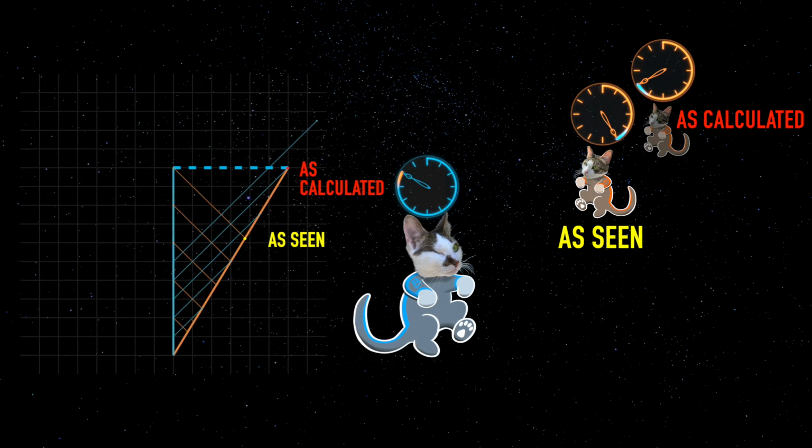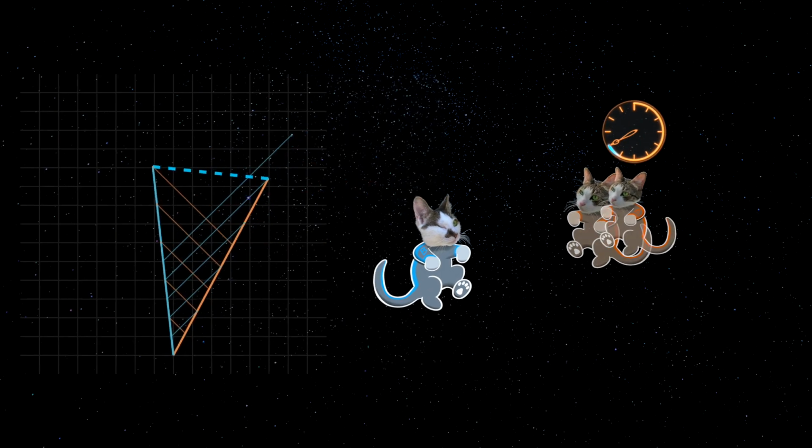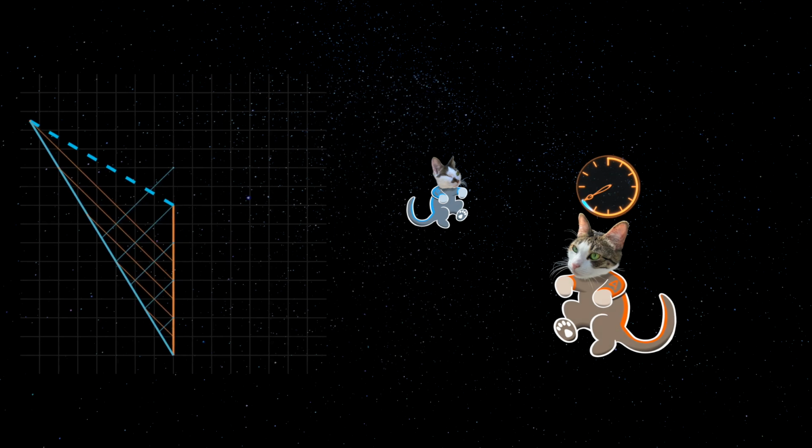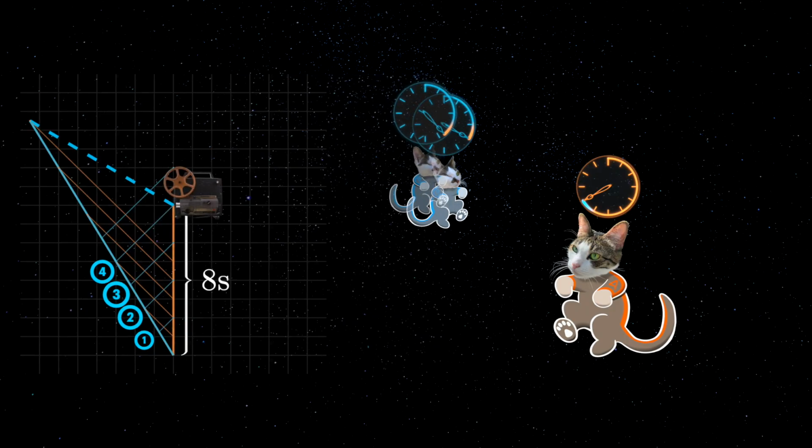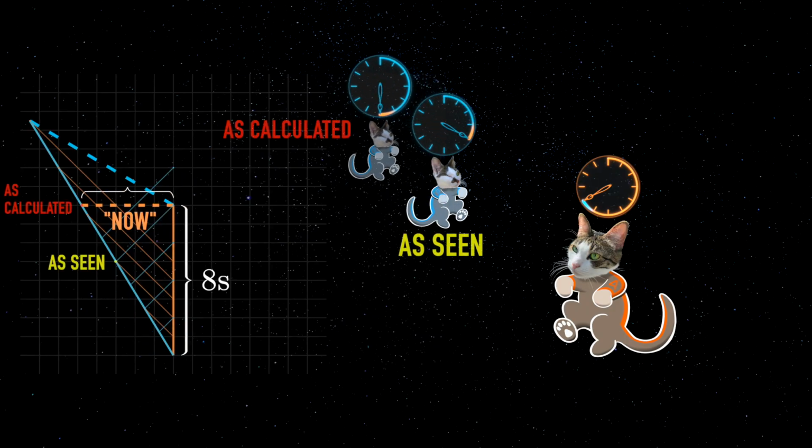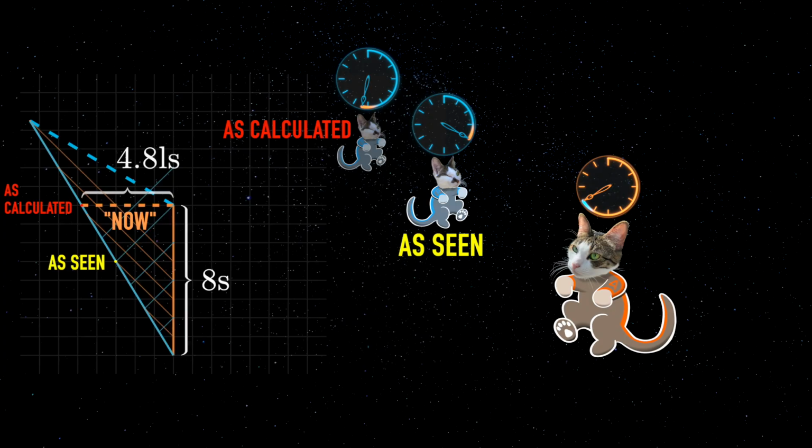Not so fast. Because speed is relative. From Al's point of view, it's the same story. After Al travels those 8 seconds, he sees only 4 seconds on Bobby's clock and projects that now she will have traveled 4.8 light seconds and her clock will read 6.4 seconds.